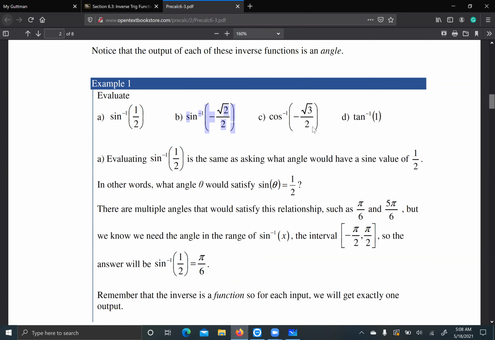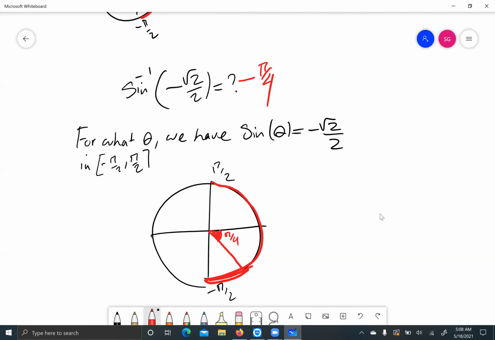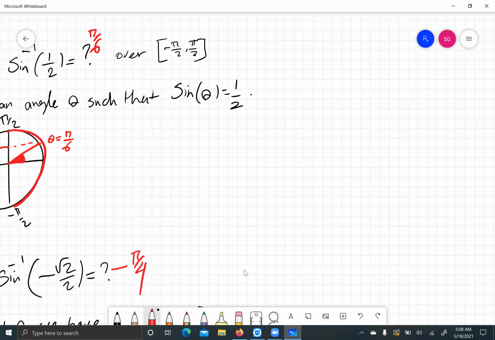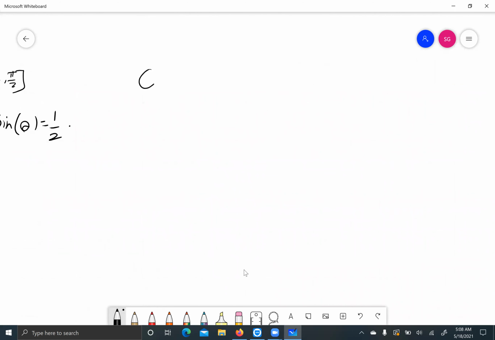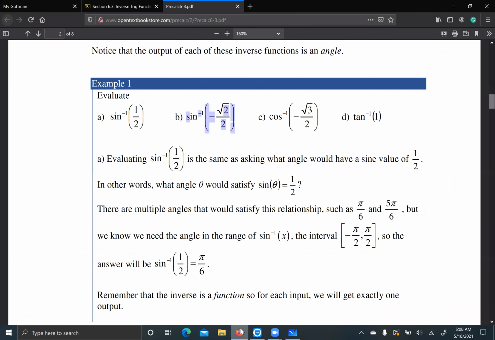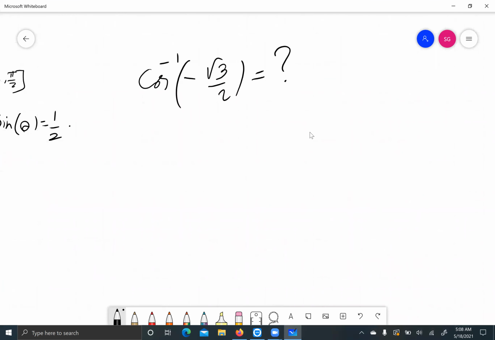Negative pi over 4 gives me this one. Next, cosine inverse of negative square root of 3 over 2. So here the question is, for what angle, what was the domain of cosine inverse?